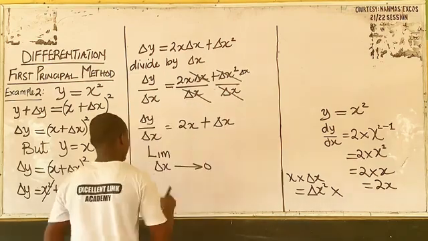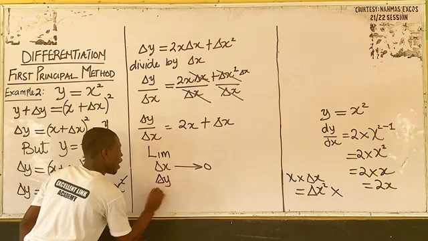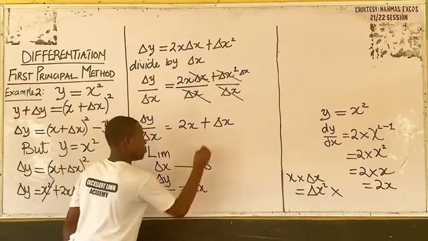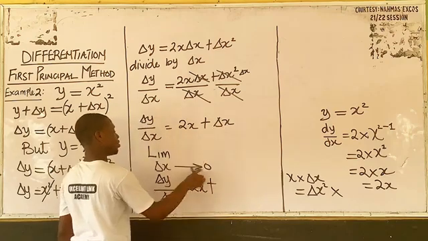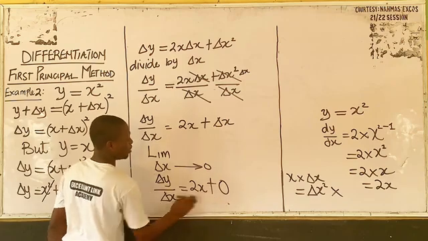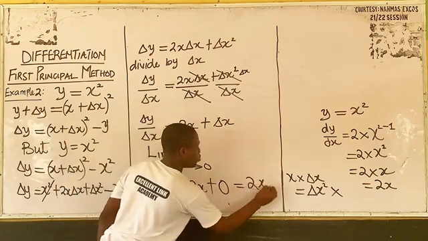That's the concept. From here, change in y over change in x will be equal to 2x plus, we assume this to be 0, plus 0. If 2x adds up with 0, I'll have 2x.